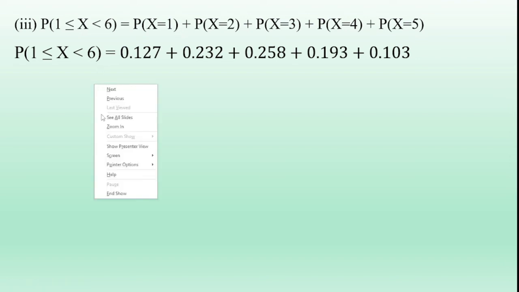We get P of 1 less than or equal to x less than 6 as: P of x is equal to 1 probability is 0.127, P of x is equal to 2 probability is 0.232, P of x is equal to 3 probability is 0.258, P of x is equal to 4 probability is 0.193, and P of x is equal to 5 probability is 0.103. All these values were already calculated.